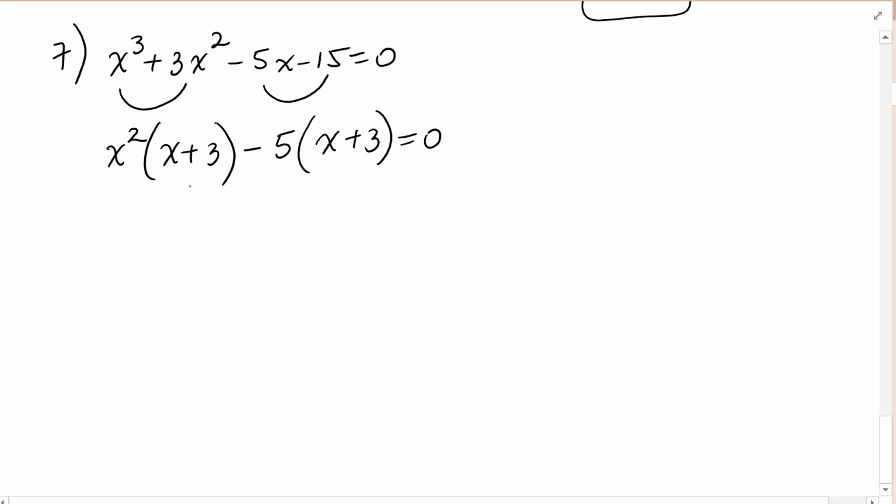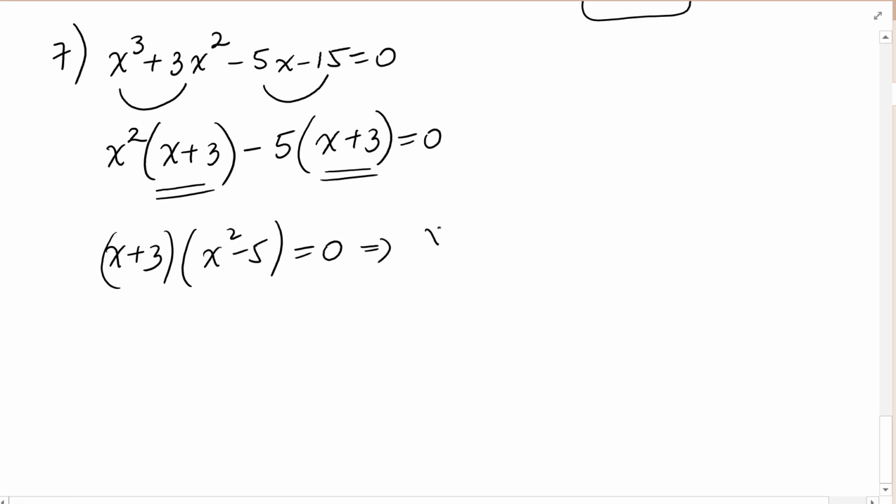But x plus 3 being a common factor, we have x plus 3 times x squared minus 5 equals 0.